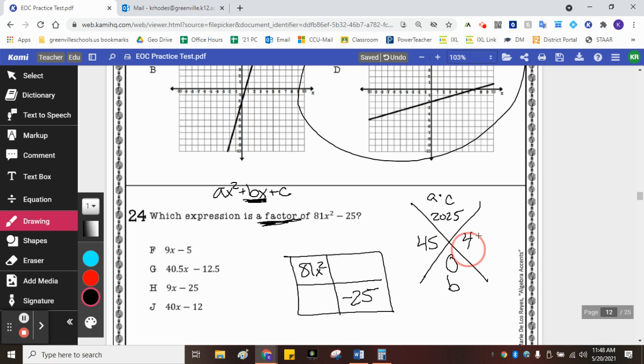Because 45 times 45 gives you 2025. And if I subtract 1, then it gives you 0. So one's negative 45x, one's positive 45x.